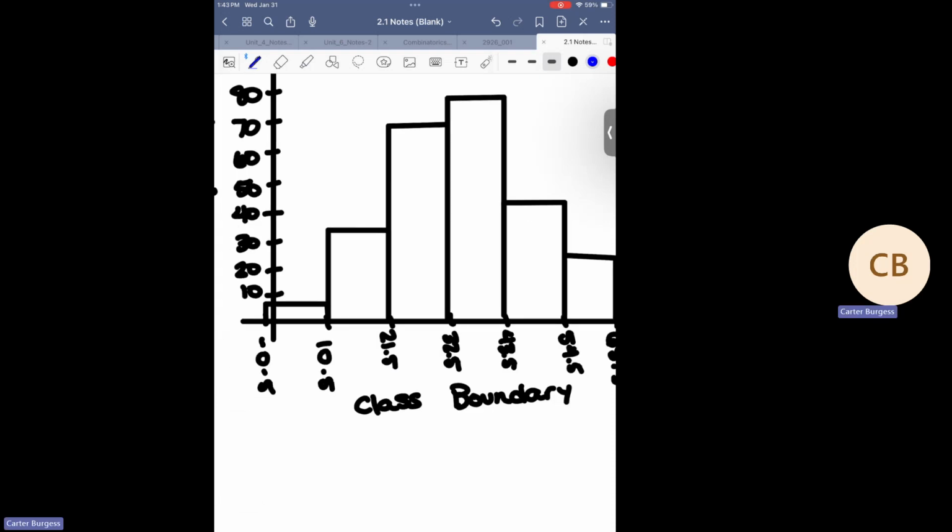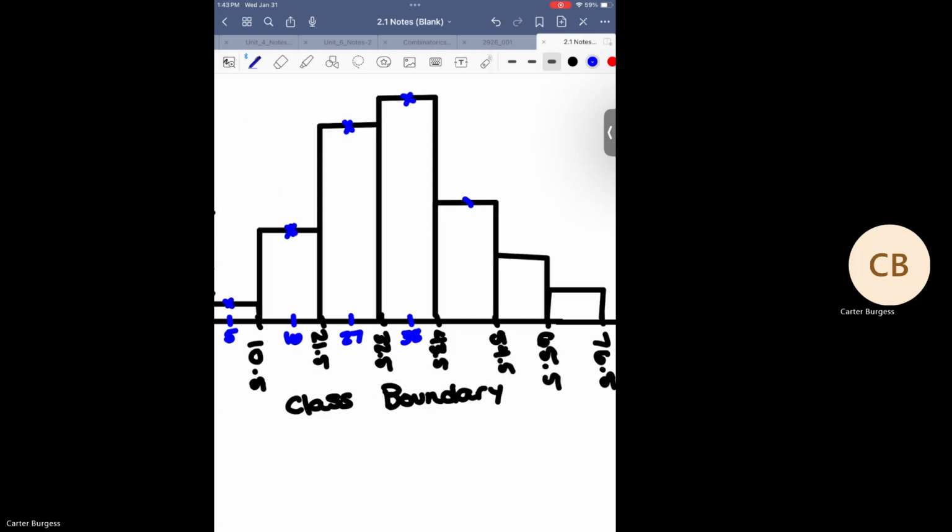So for instance, this point here would be our 5. This point here would be our 16. Here would be our 27. Our 38. Our 49. Our 60.